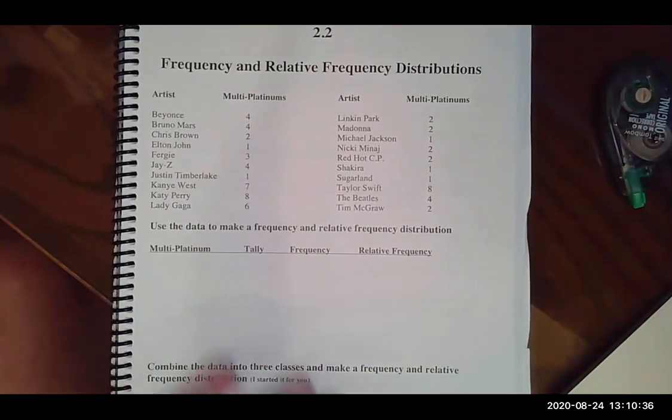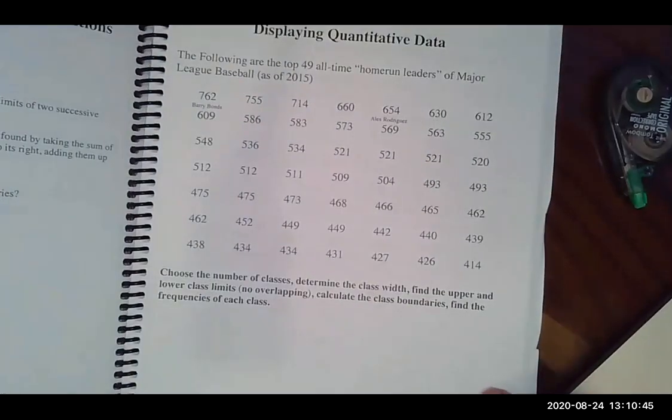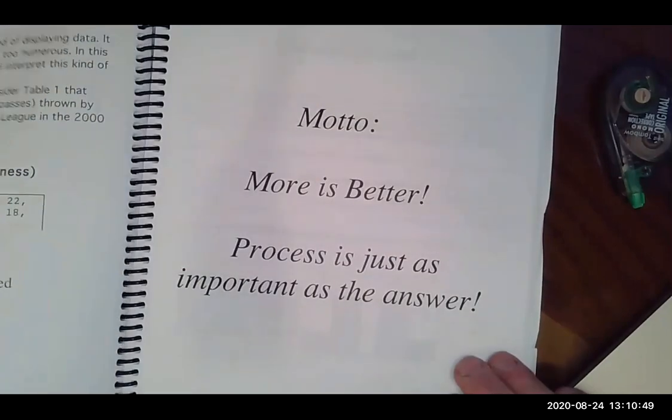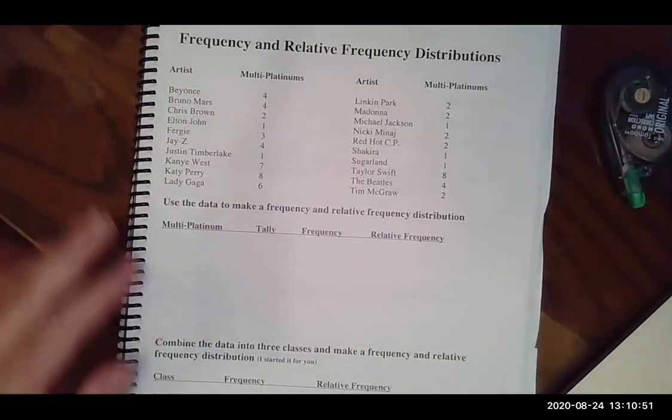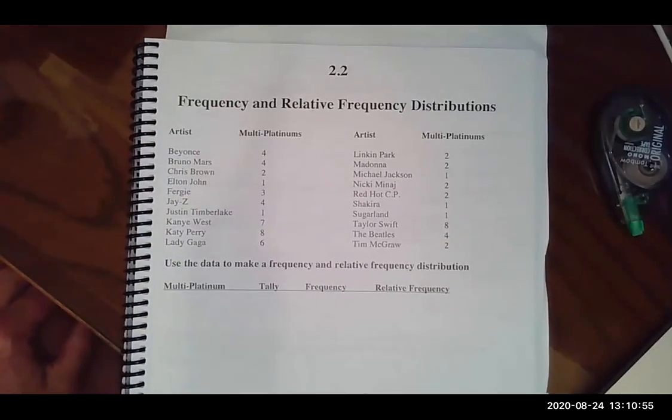Okay, 2.2. We start at 12. Okay, I can do this. Okay, 2.2 has quite a bit in it. I'm going to streamline it for you.